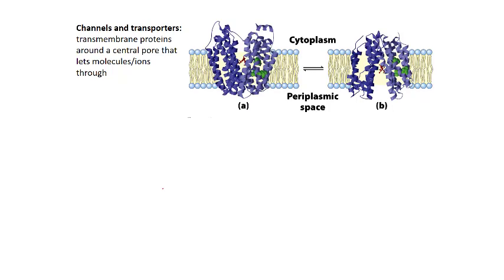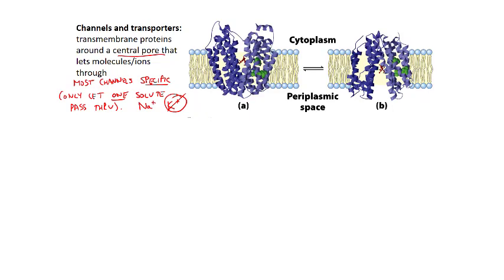All right, channels and transporters. These are transmembrane proteins arranged around a central pore that let molecules or ions pass through. Most transporters and channels are specific, which means they only let one solute or a couple of closely related solutes pass through. So, for example, there's sodium channels which will not allow potassium to pass through, or other ions.